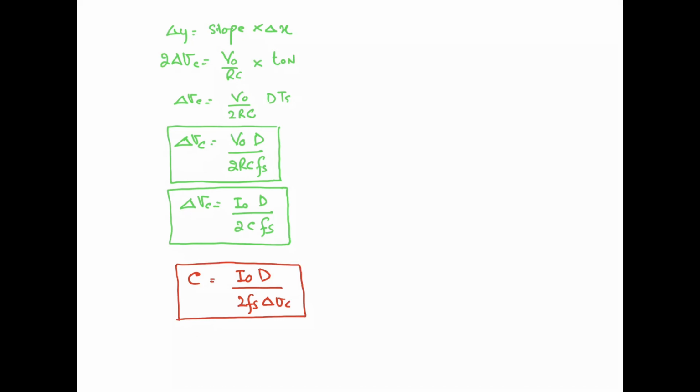You can also work it in terms of the output voltage using this equation. So from here I can say that the capacitance will be equal to V naught into D divided by 2R into Fs into delta Vc.